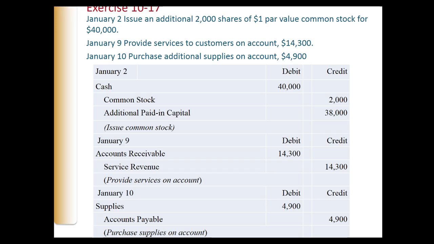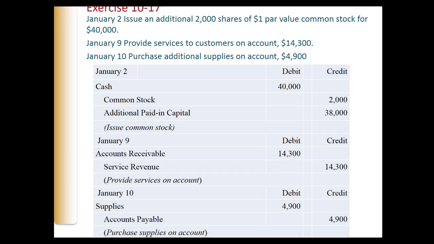January 2nd, issue an additional 2,000 shares of $1 par value common stock for $40,000. Now, as we know, the common stock will just show the par value. The additional paid in capital will show the extra that was received for the cash.